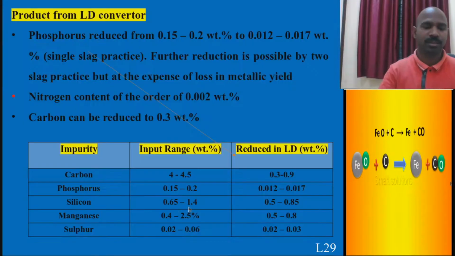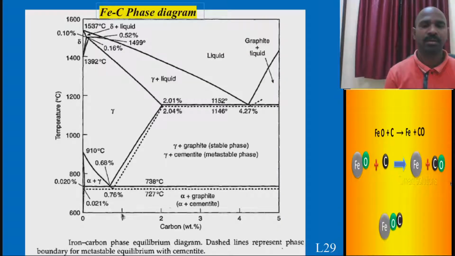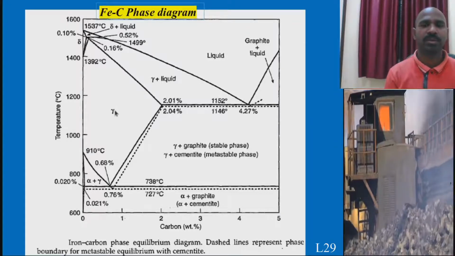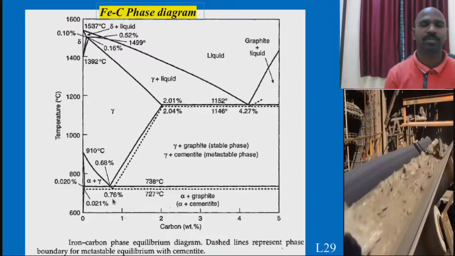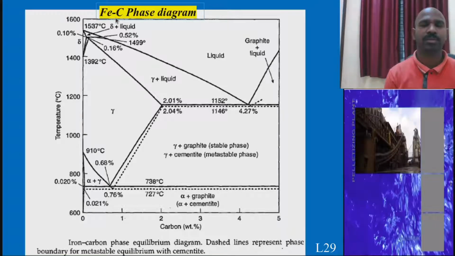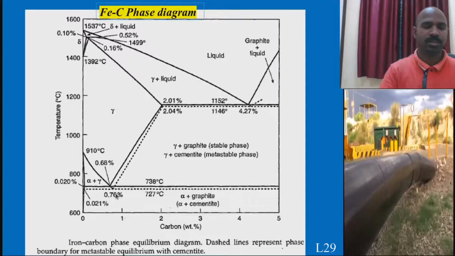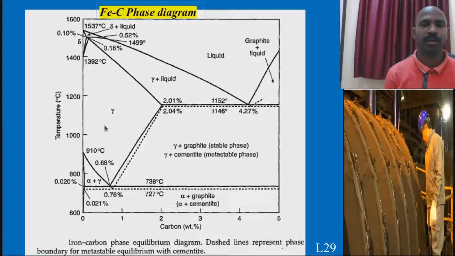As you get an idea, 0.3 to 0.9 percent carbon means it is less than 1. The temperature goes to a maximum of 1600 degrees Celsius at the time of tapping. Less than 1 percent means medium carbon steels, or broadly plain carbon steels, can be produced using the LD converter.